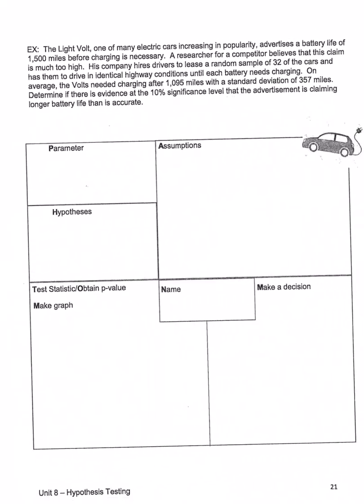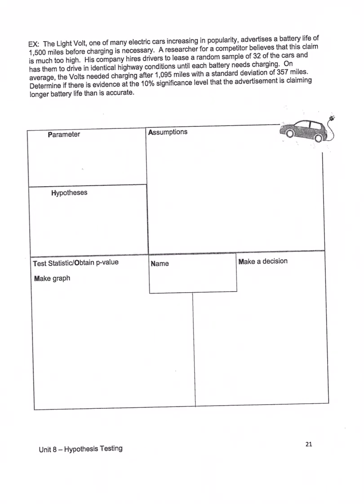So let's do one. We've got the Chevy Volt right here. Lovely Volt. One of many electric cars increasing in popularity advertises a battery life of 1,500 miles before charging is necessary. All right. A researcher for a competitor believes this claim is much too high.